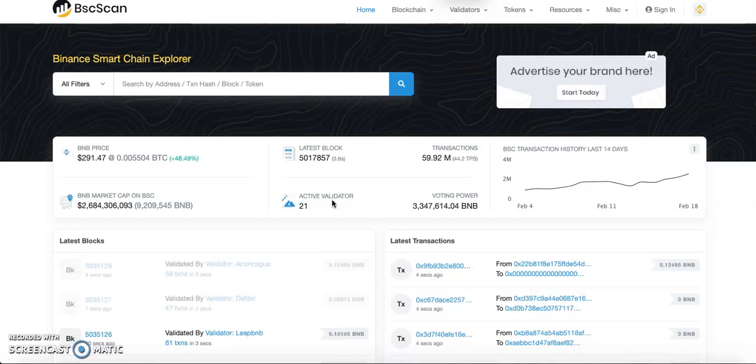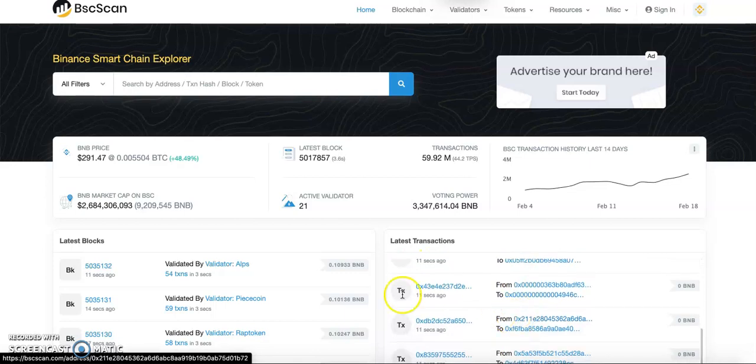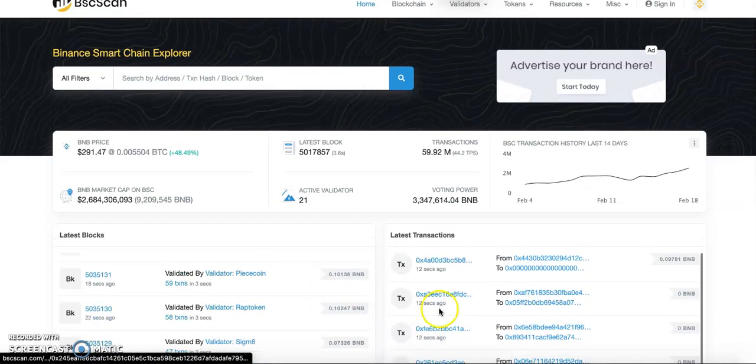I'm just trying to let you guys know how unfair this space is. Now moving forward, the TPS is 44. It has a TPS of 44, which is really good. And you can see it doesn't have human readable addresses, and that makes it not suitable for the future, except they fix that.